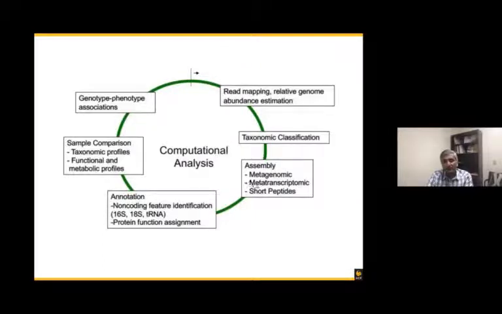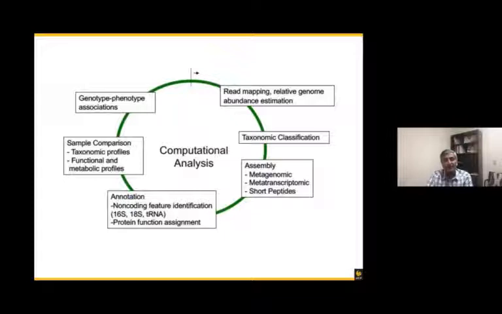And then other questions like assembly of the genomes, annotation, and sample comparison and so on, right? Ultimately, remember, our goal is to get at this whole idea of genotype-phenotype associations. That is, from the genomic data that you've generated and the metadata that you have obtained as part of your sample collection strategy, can you identify strong associations based on the genotype?